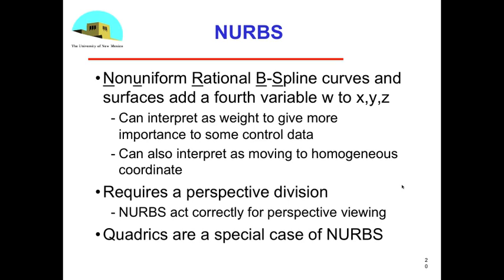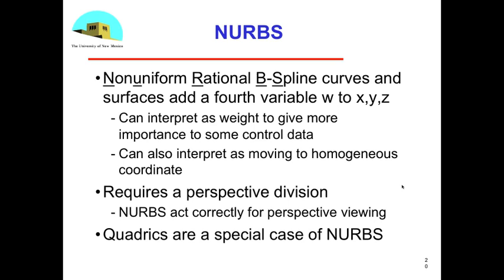And again, here's one you can impress your friends with. It stands for non-uniform rational B-spline curves and surfaces. So what happens there is that instead of doing it in 3D space, we're going to go into 4D space. So it's very much tied to what we do in homogeneous coordinates, but the interpretation here is that the W is used to give some additional importance or less importance to particular data points.